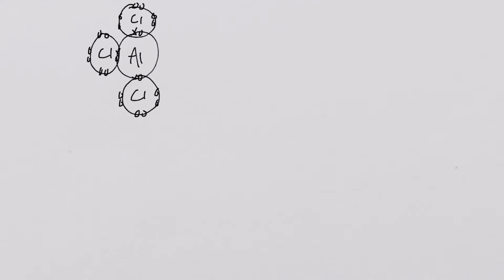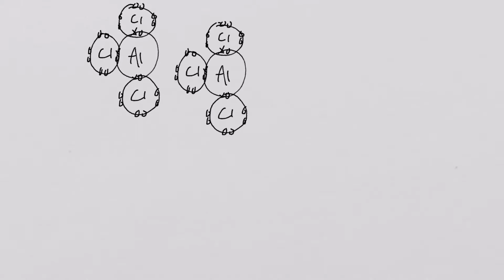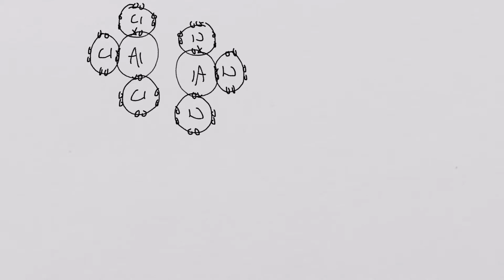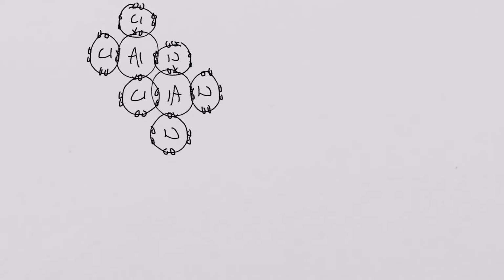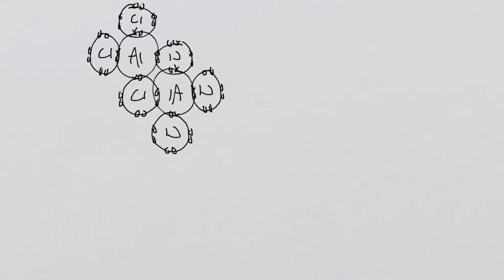And what I'm going to do is just copy that, but rotate it round. And the reason I'm rotating it round is because of this. If we do that, you'll see here chlorine was able to donate one of its lone pairs to aluminium, which was electron deficient.